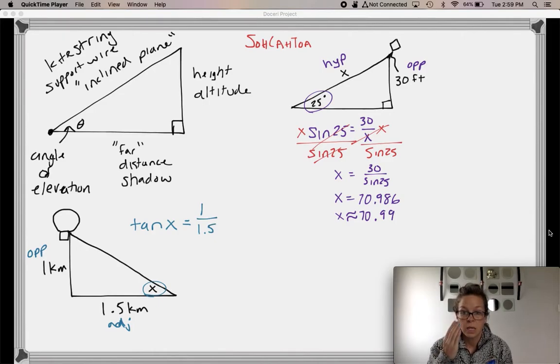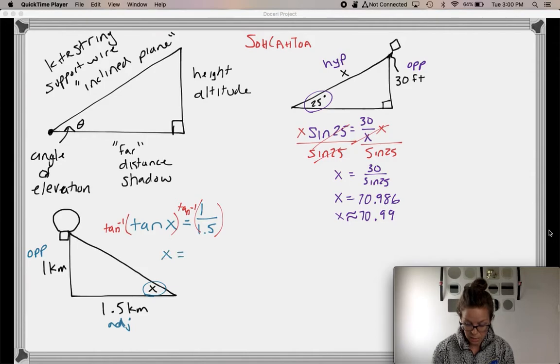And then to peel that tangent off of the x, just like we did in the last lesson, we're going to take an inverse tangent of both sides. And so that gives me that x is equal to the inverse tangent of 1 over 1.5.